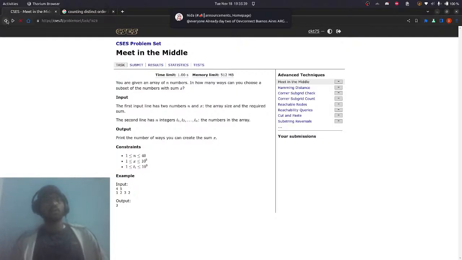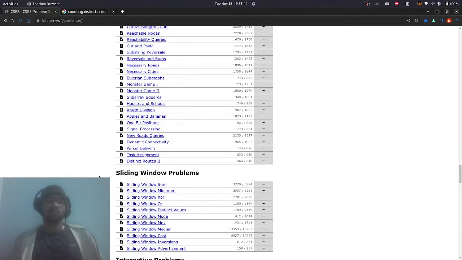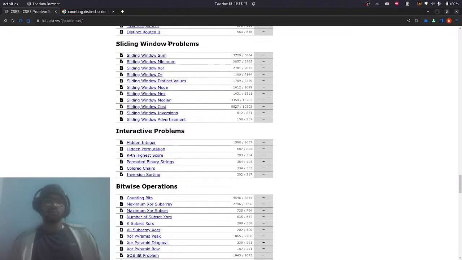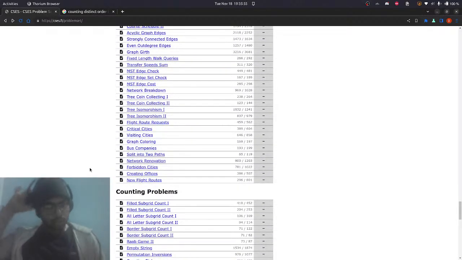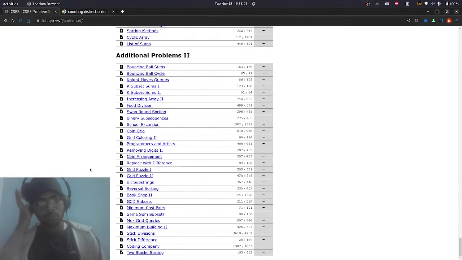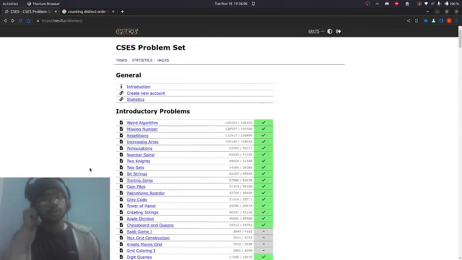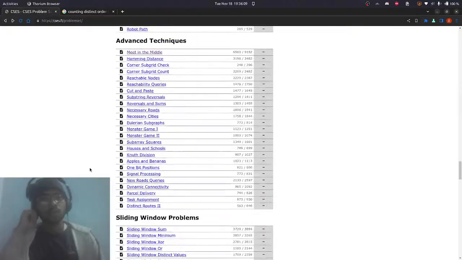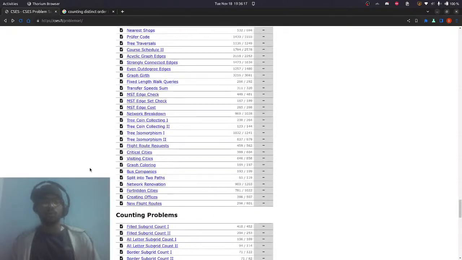Maybe I need to upgrade my advanced techniques. Need to solve this. Oh wow. Did they add new problems? Is there two pointers? No, there is not. But anyway, we'll solve this. We'll solve all of these problems.